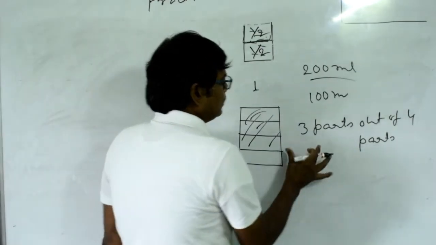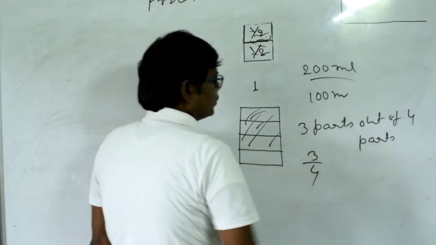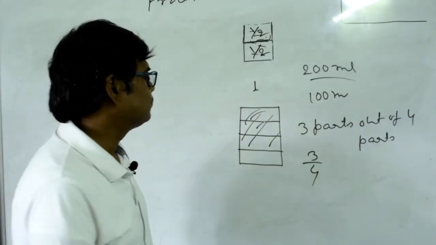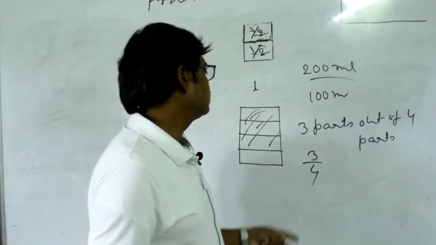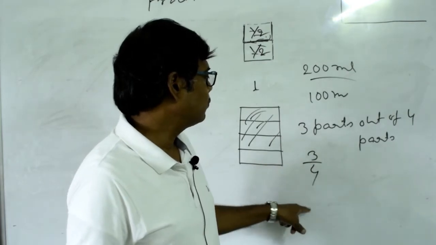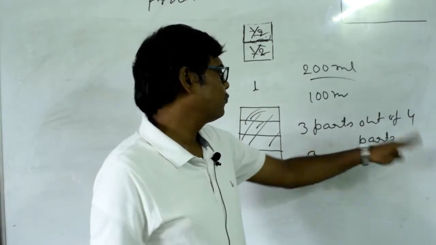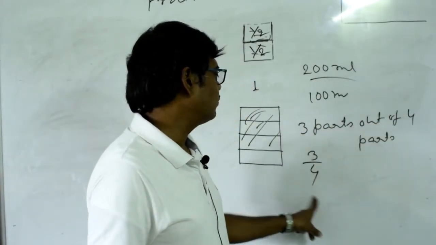This sentence is written as 3/4. In mathematics we use this simplest form. This symbol 3/4 means 3 parts out of 4 parts. This long sentence is written in this compact form, 3/4.